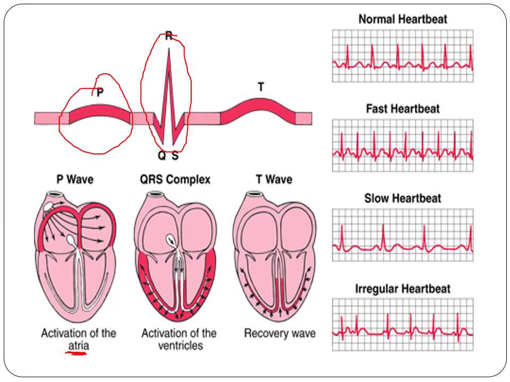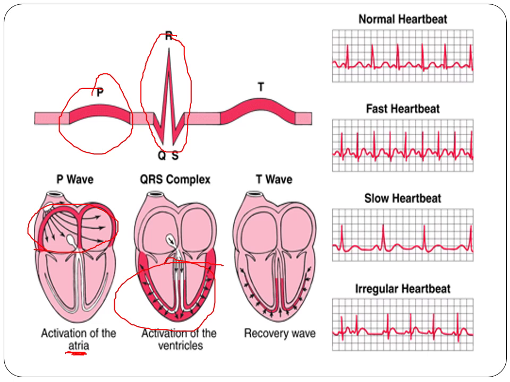The reason why it has a bigger amplitude compared to P wave and T wave is that the muscle mass in the ventricles is much larger than what can be found at the atria. And lastly, the T wave is the recovery wave.